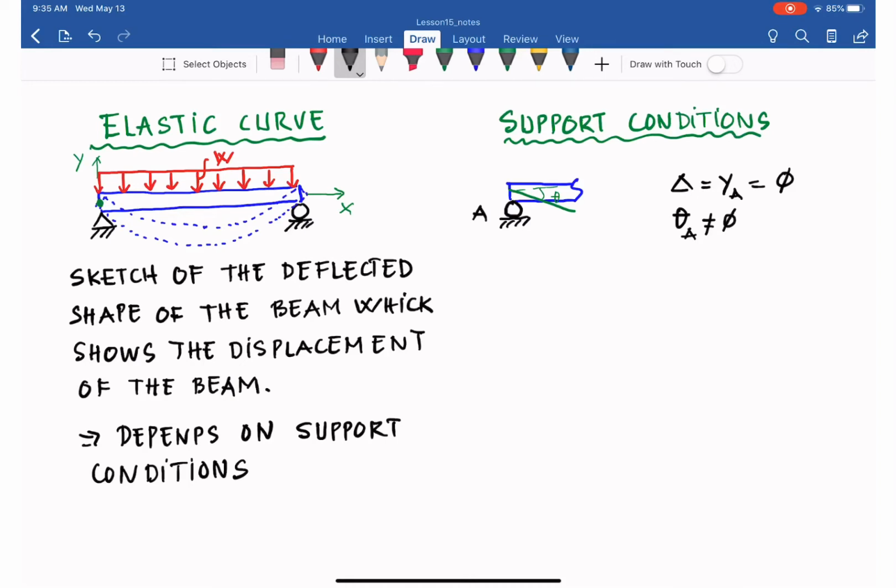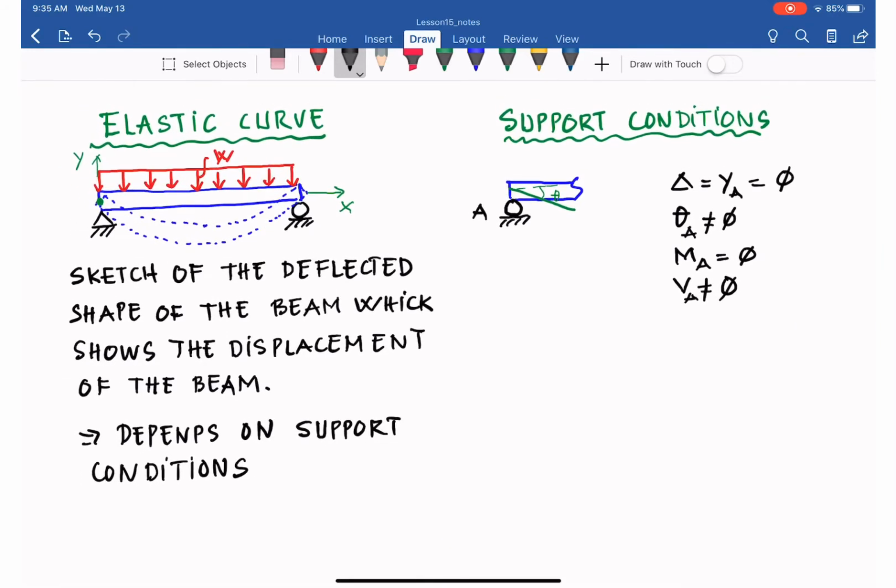At the roller, we already know the moment at that point equals 0, but the vertical reaction is also not 0, because we have A_y from the statics.